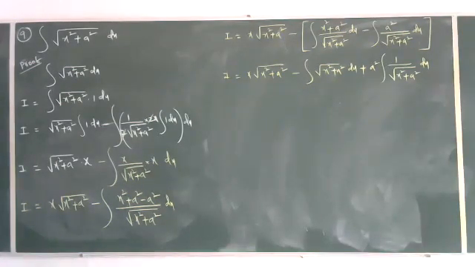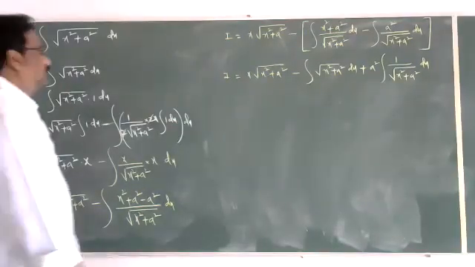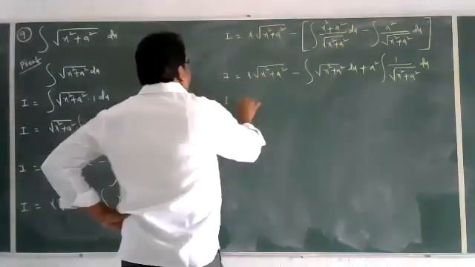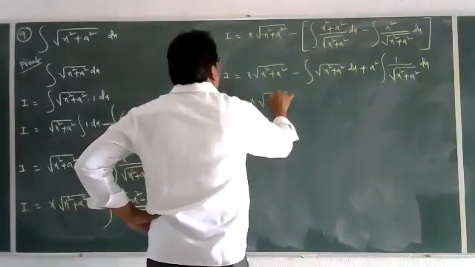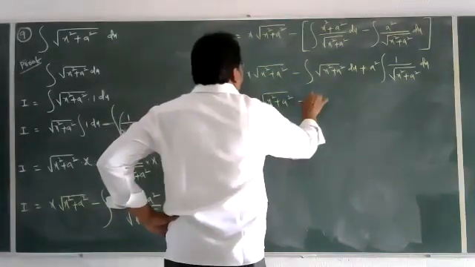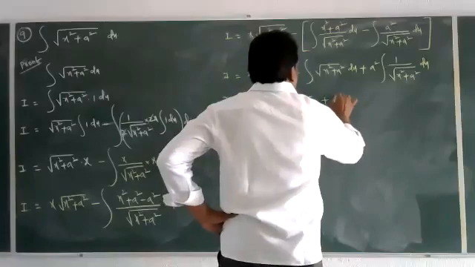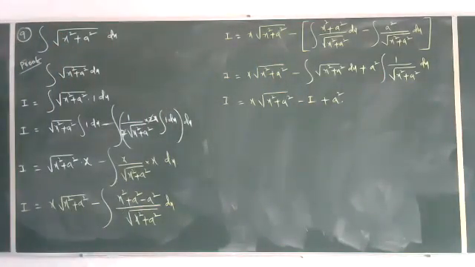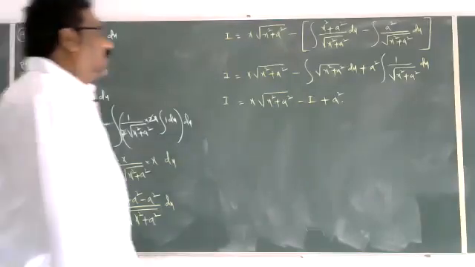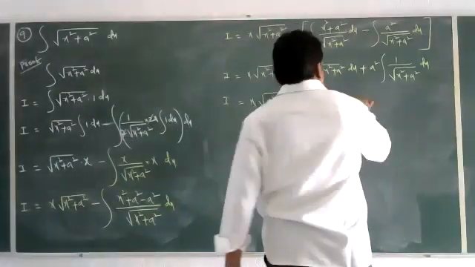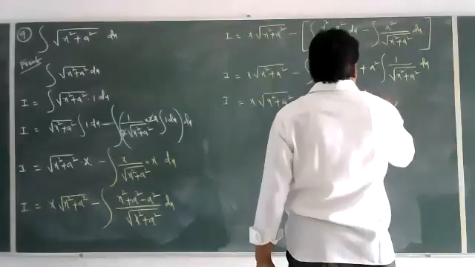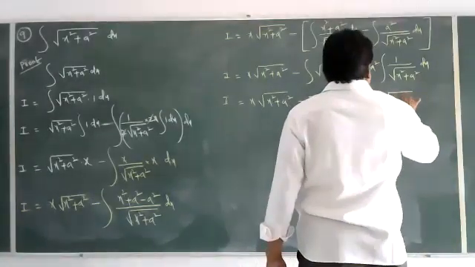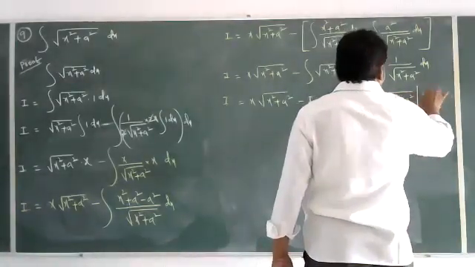So already integration of root of x square plus a square is I. This is I is equal to x into root of x square plus a square minus I plus a square into, what is the formula? Integration of 1 by root of x square plus a square is log mod x plus root of x square plus a square plus c.